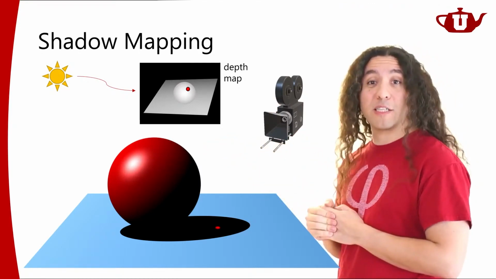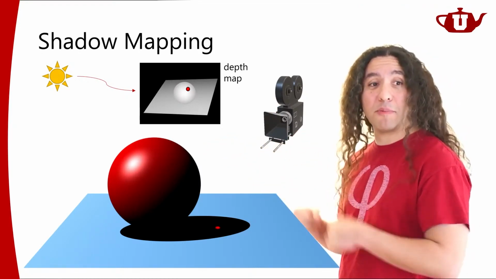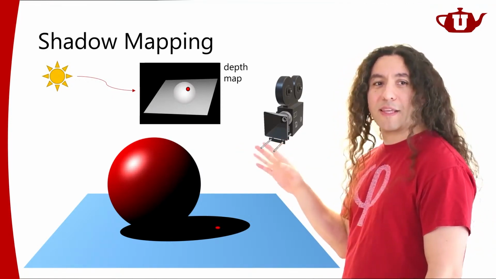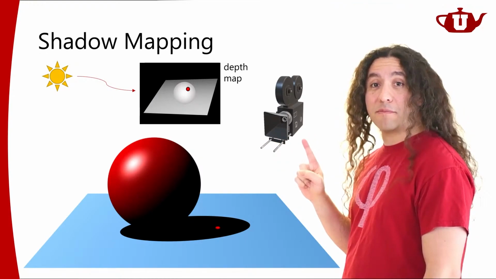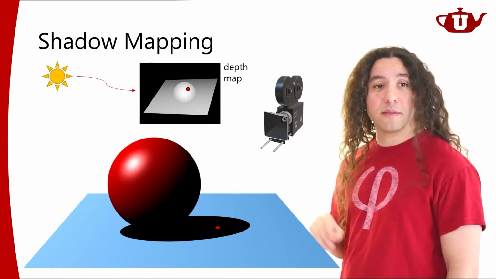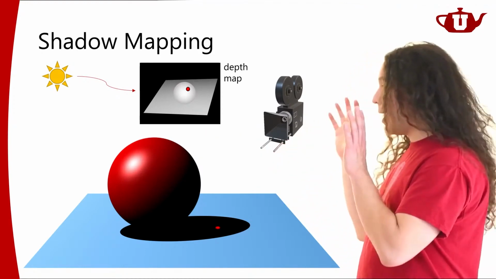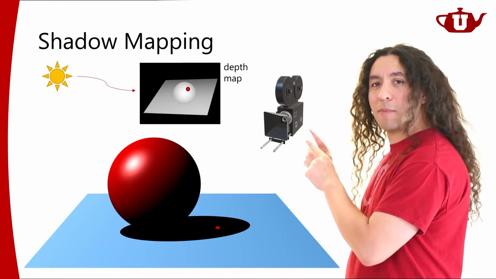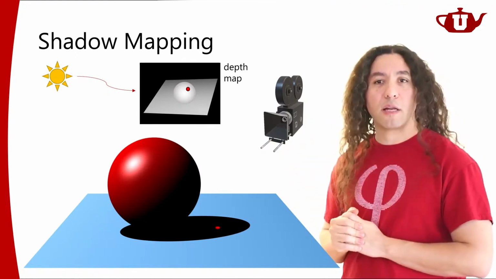I need to recompute my shadow map, right? So I can't rely on my previous shadow map. But if everything is constant, if nothing is moving except for my main camera, then I can render my shadow map one time and just use it. Like it's a static scene, the only thing that moves is the main camera, then I don't have to recompute my shadow map.